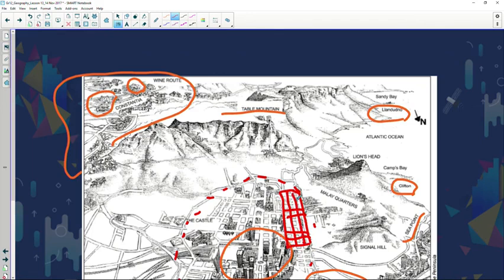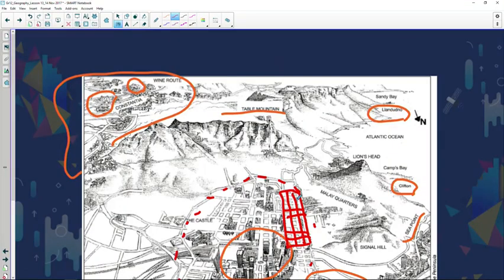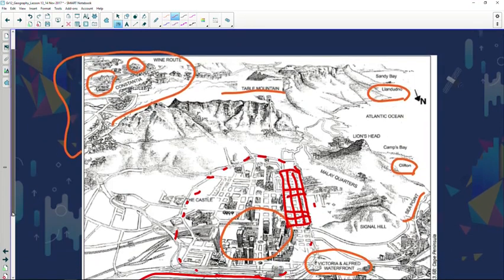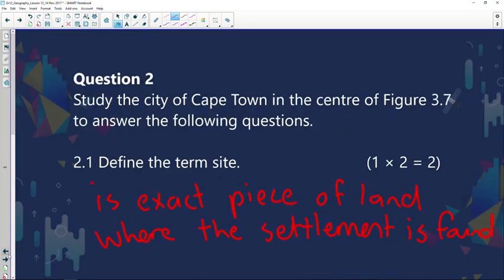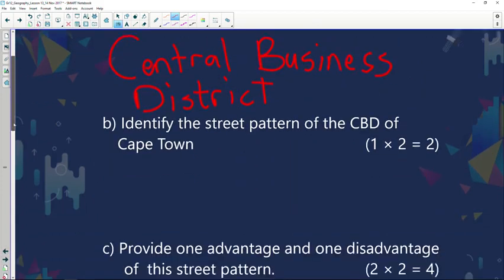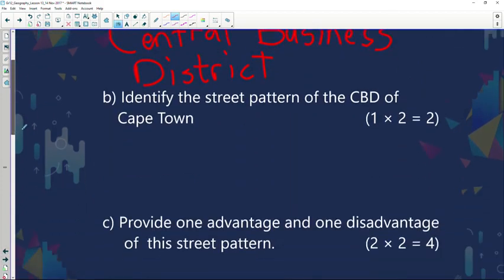Am I right? Definitely not irregular planned, but because it's in a CBD, if you look at the characteristics, most of your older settlements have a gridiron pattern. And let's just quickly look at the questions that follow. The street pattern of the CBD of Cape Town can be established as a gridiron pattern.